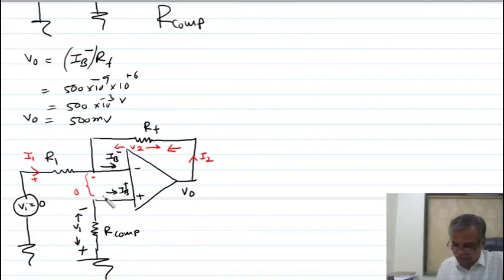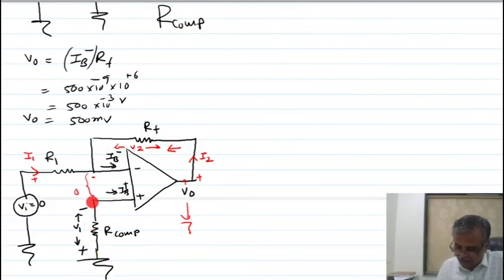So if I apply Kirchhoff's law to this section, look here, only this one section. Here VO is with respect to ground, if you don't understand. I am applying KCL from here, and this is the path I am taking.